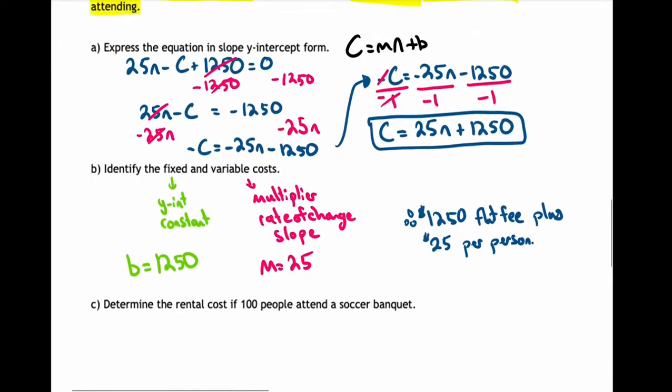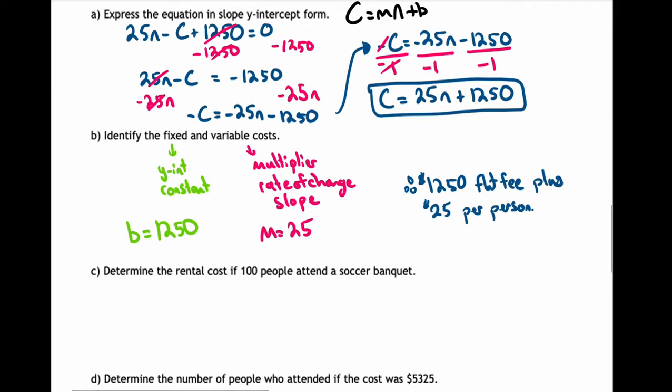Part C wants us to use this equation to determine the rental cost if 100 people attend a soccer banquet. So the 100 people represents the n. In my equation, c equals 25n plus 1250, I'm going to sub in n equals 100 and solve for the cost.